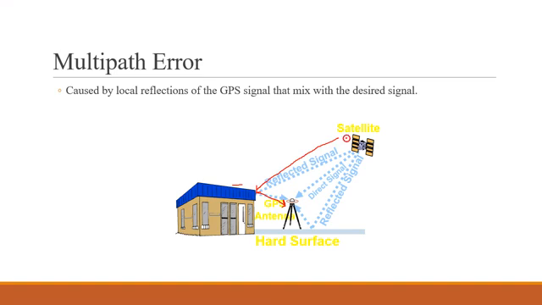This is the real signal which is coming towards the GPS, and it may be deviated by the house or any obstacle. So this also causes an error to the GPS, and it might degrade the accuracy and precision of a GPS receiver.